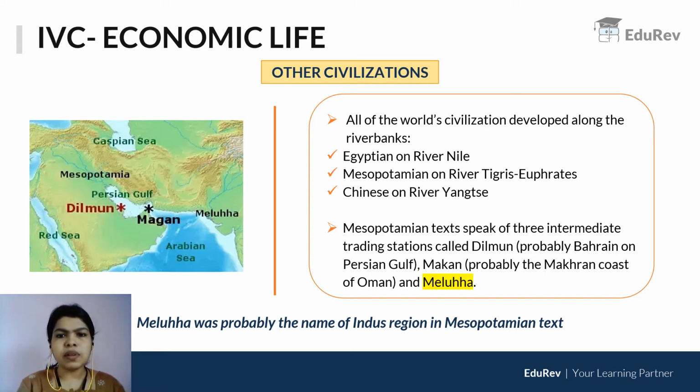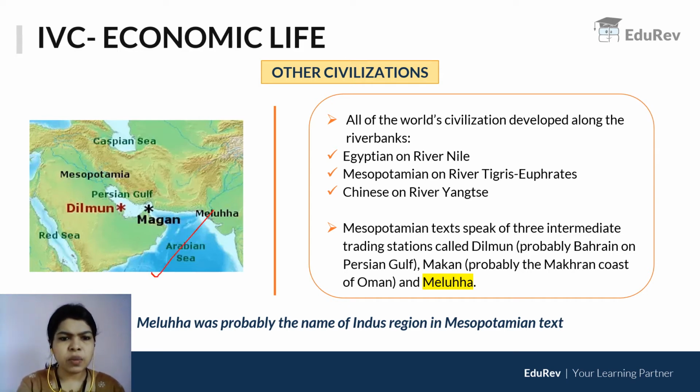For example, the Egyptian civilization originated on the River Nile, the Mesopotamian on the Tigris and Euphrates, and the Chinese on the River Yangtze. Similarly, we have the IVC on the Indus River and its branches. Now, the Mesopotamian text talks of three intermediate trading stations.